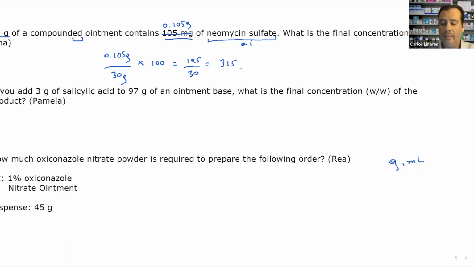I'm doing something here wrong. So it's 0.105 over 30 times 100 gives me 0.35. 0.35 percent. 10.5 over 30 still gives you the same. Questions on this one?